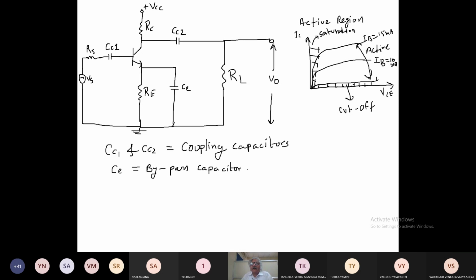And this cutoff region you get when IB is 0, right? See here, this is the base. Here you have IB. So if IB is 0, then this small amount of current you are seeing in IC is due to the minority carriers only. So it is the cutoff region.